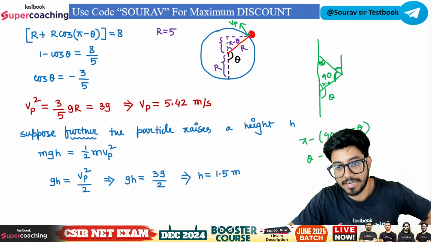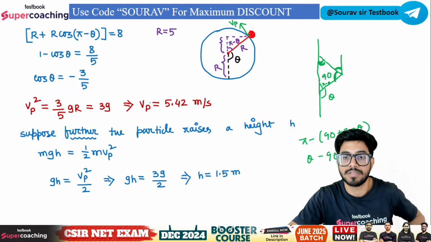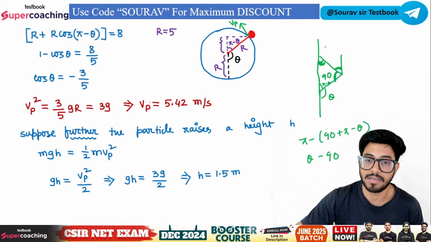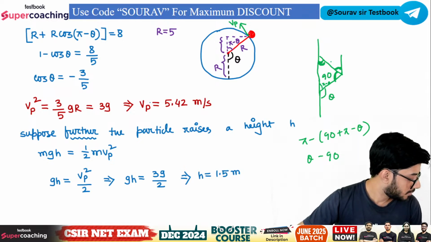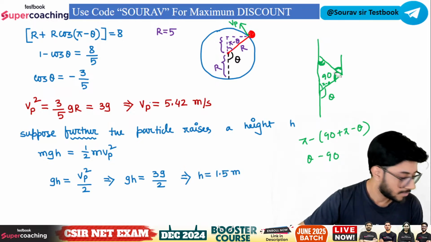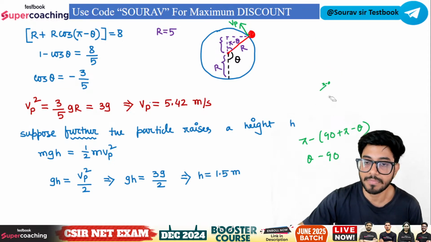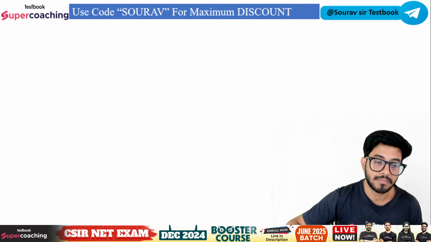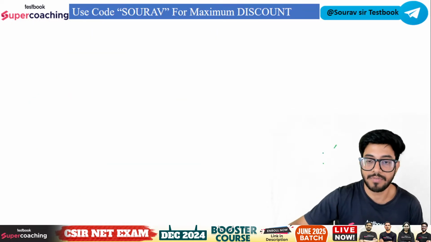So this velocity has a vertical component of v cos(theta minus 90). Good, I think we have got it.